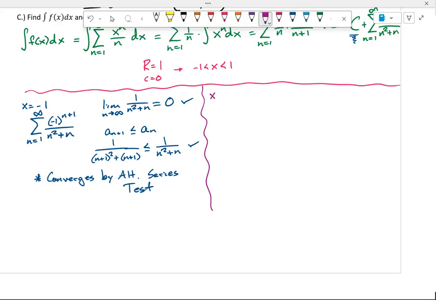So x equals +1. So that's going to be the sum as n equals 1 to infinity of 1 to the n plus 1 over n squared plus n. All right, so that's just going to be the sum as n equals 1 to infinity of 1 over n squared plus n. What test can we use?